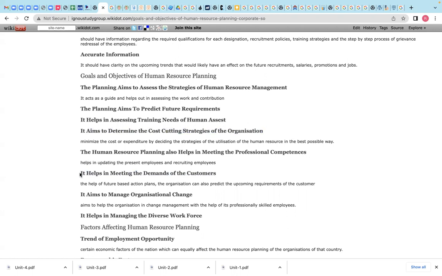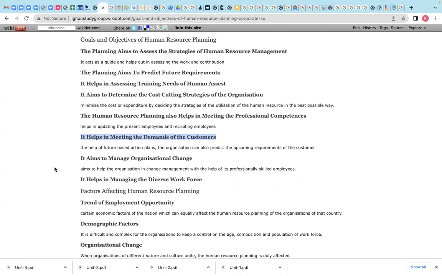Also, in case the demand is there for a particular skill and it is not there, you can recruit people. So here you are talking about helping to meet the demand. Next is helping to meet the demands of the customers. Basically, based on what the customer wants, you should be able to predict the requirements that are coming.